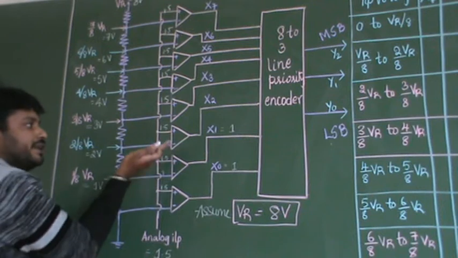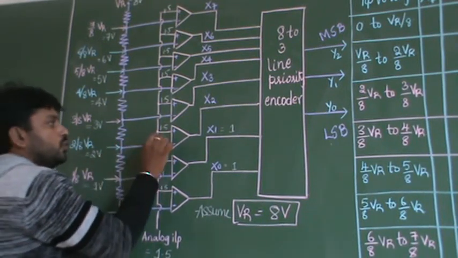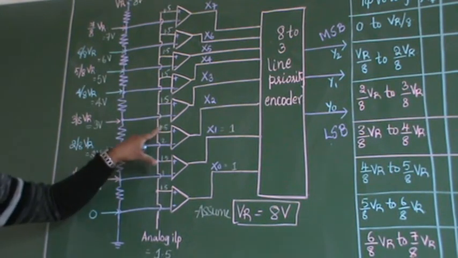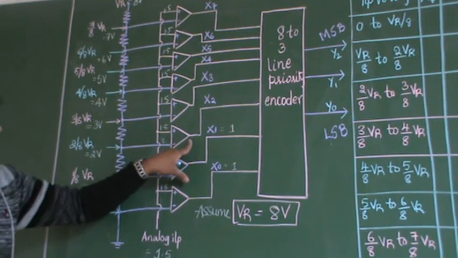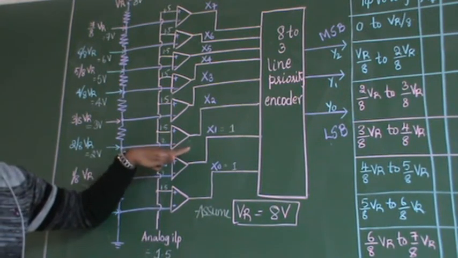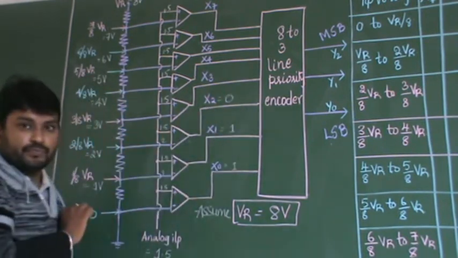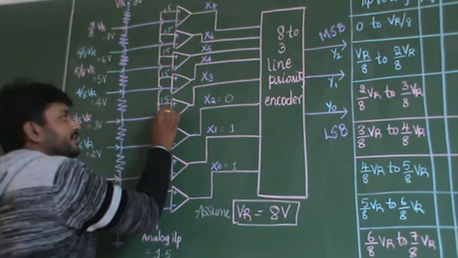Next, coming down to the third comparator. Here you are getting 2 volts. So 1.5 is less than 2 volts. Therefore the output coming from this comparator is equal to 0. Next, here you are getting 3 volts.